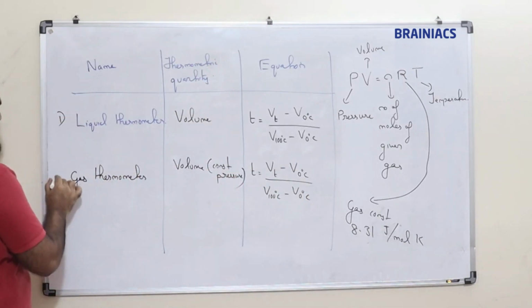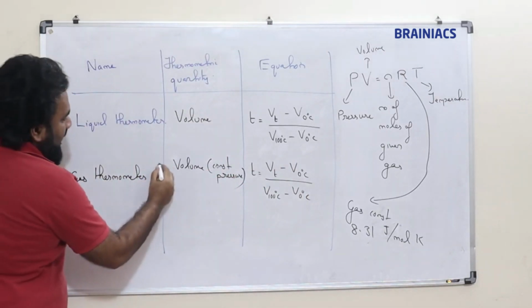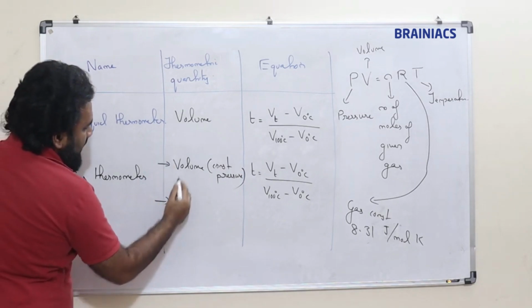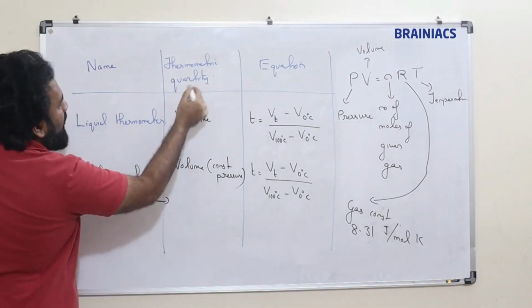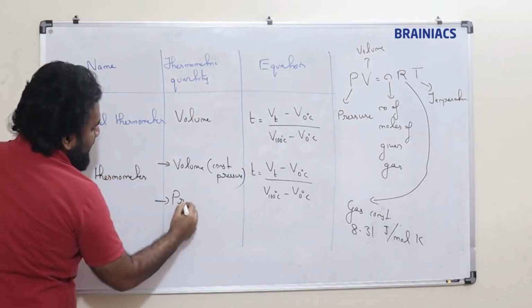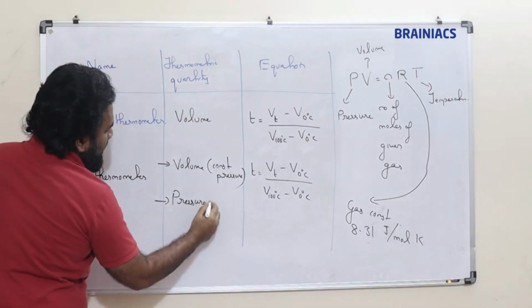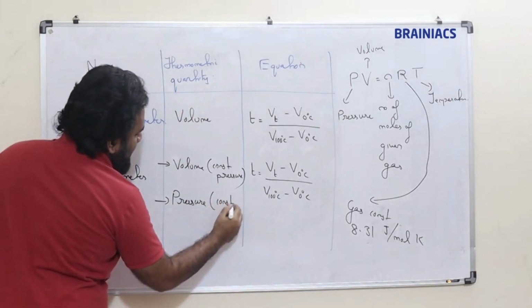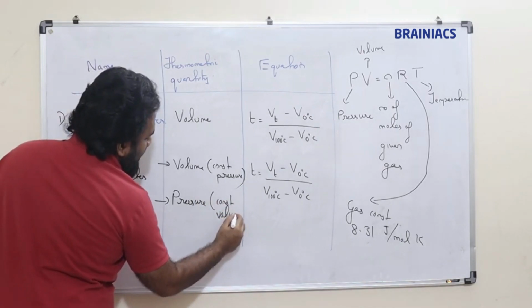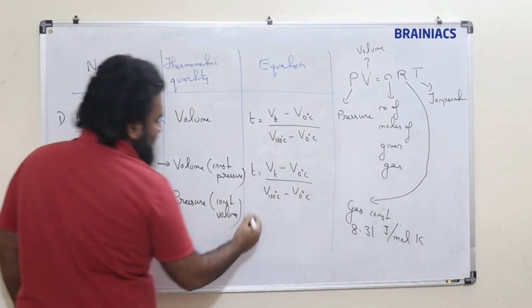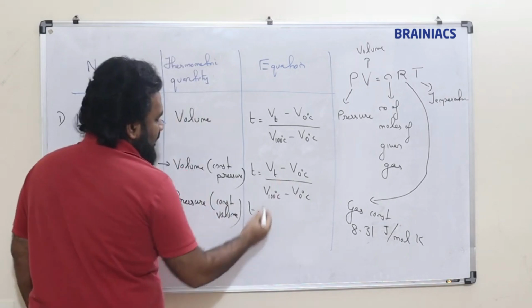This is the first one, and in that itself we have two types. Next one is the thermometric quantity which is going to change is pressure. This is at a constant volume.